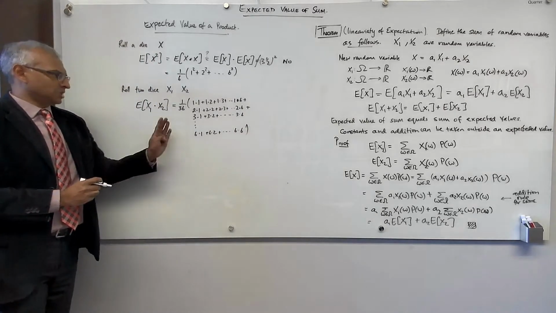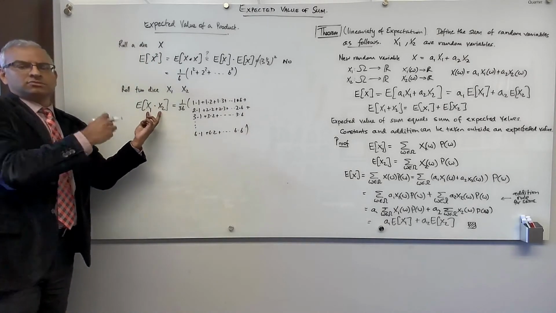So that's the expected value of the product of 2 independent dice.